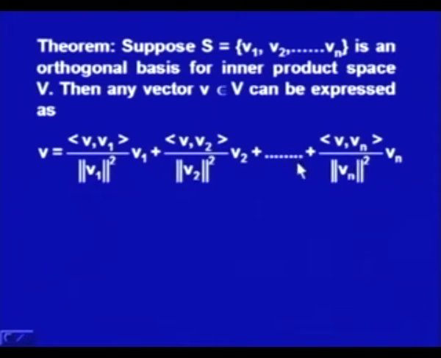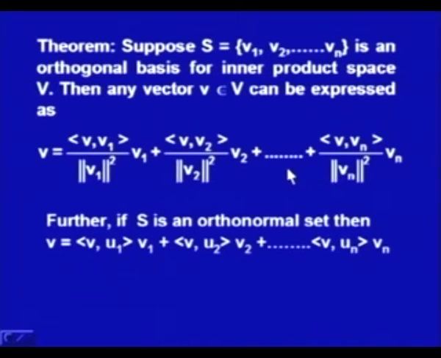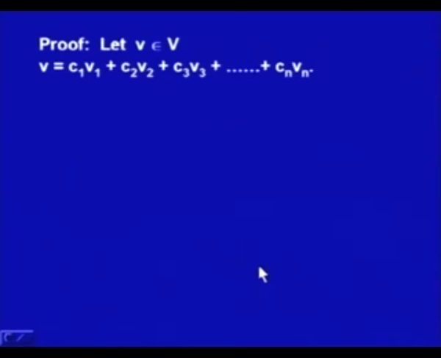Further, if S is an orthonormal set, then all the denominators will be 1. So it is nothing but v is equal to the inner product of v comma u_1 times v_1 plus the inner product of v comma u_2 times v_2 plus the inner product of v comma u_n times v_n. Let us try to prove this.